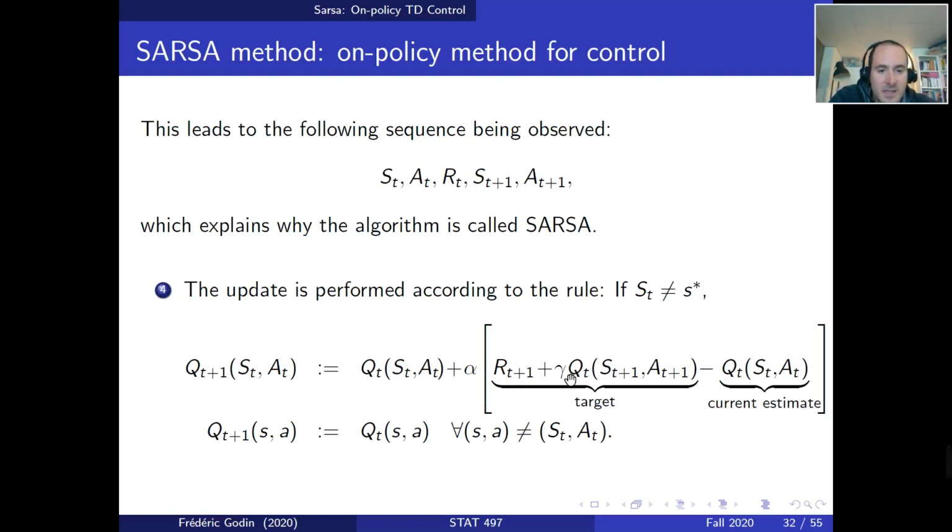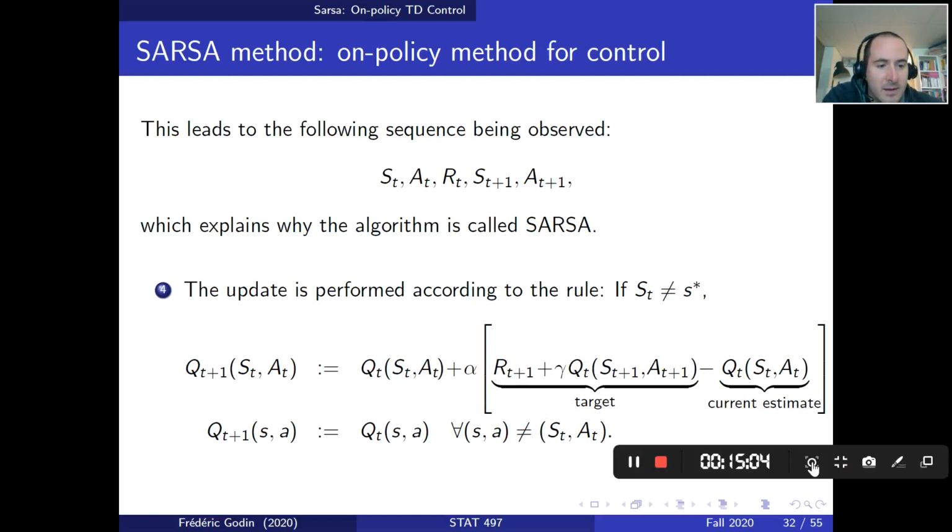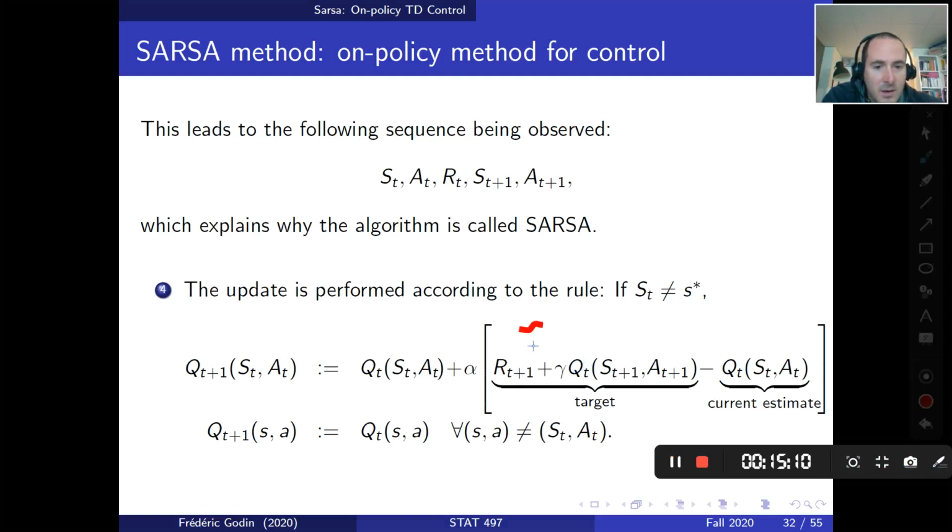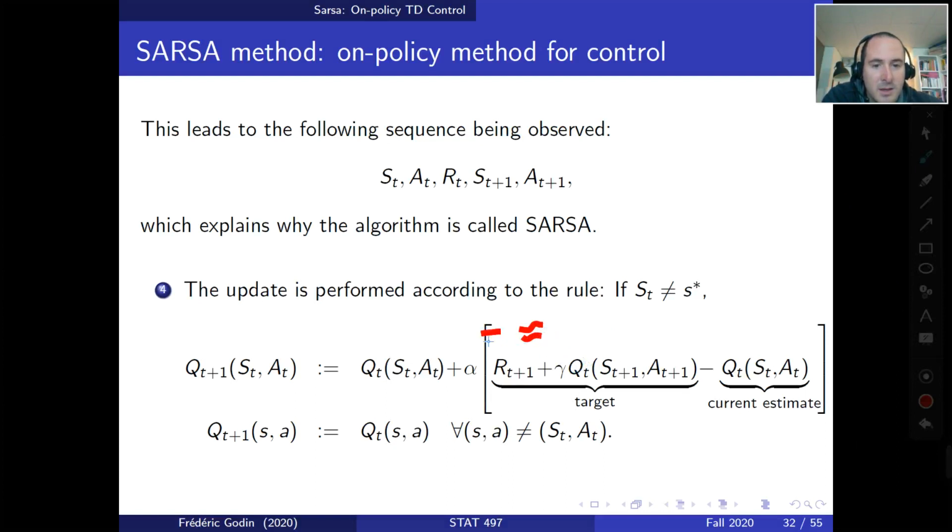So if this estimate of Q was perfect, then the expectation of this target would be equal to q star of S_t, A_t.